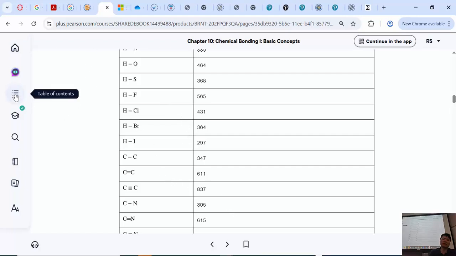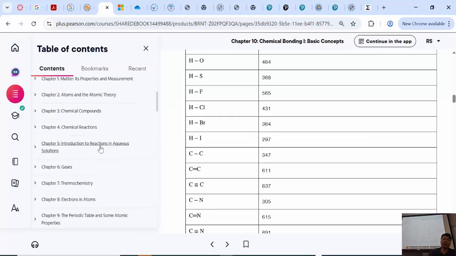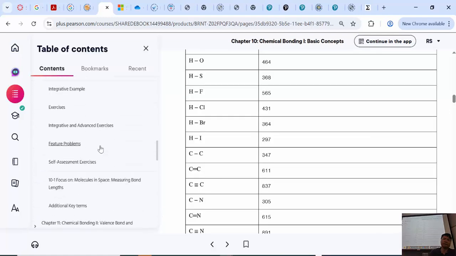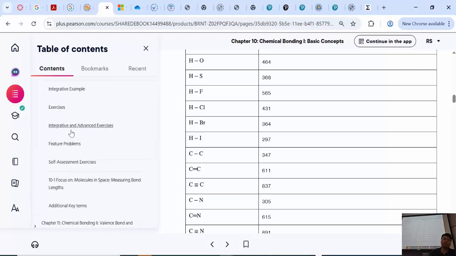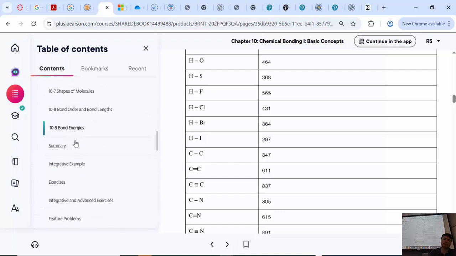And so this is at the end of the chapter. And so looking at the chapter, what was it?